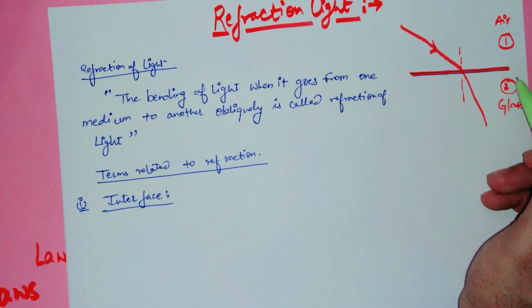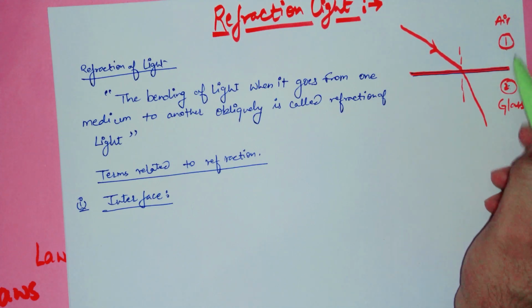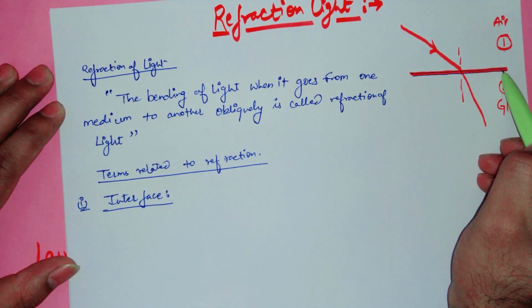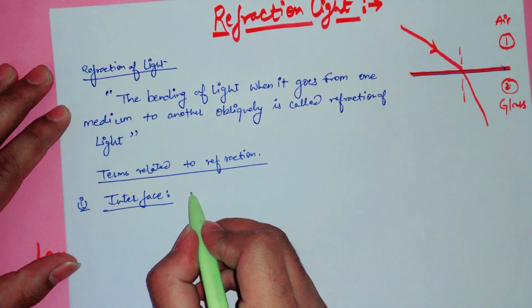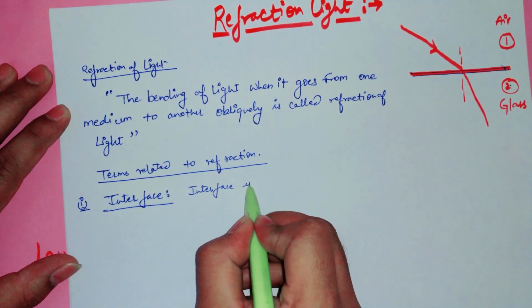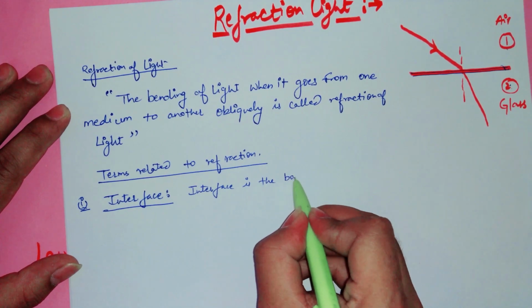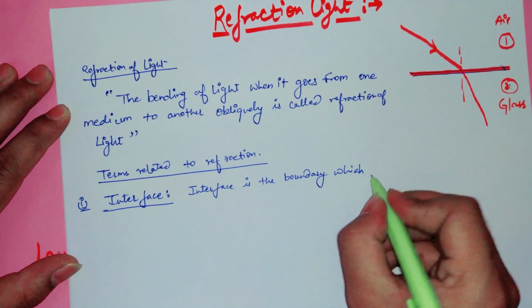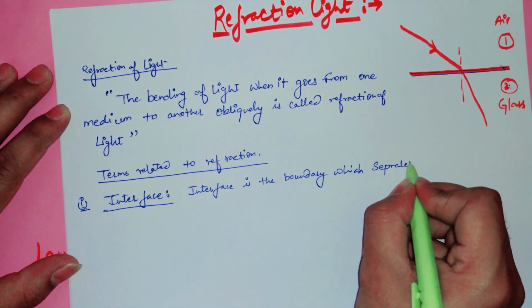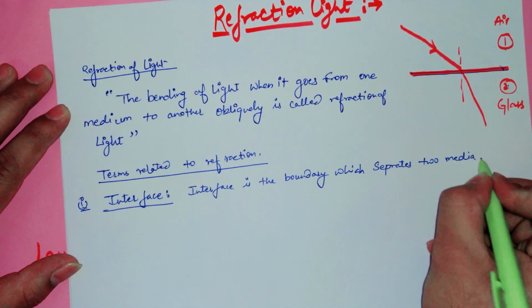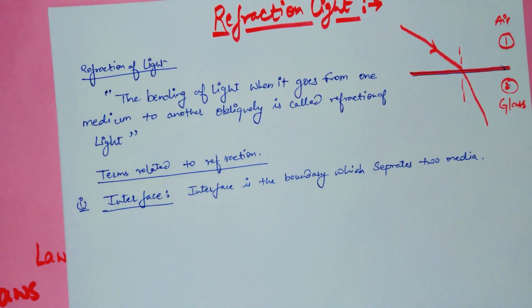This is medium 1, this is medium 2, and these two media are separated by this line, which we call the interface. Media is the plural of medium. So the boundary which separates two media is called interface.